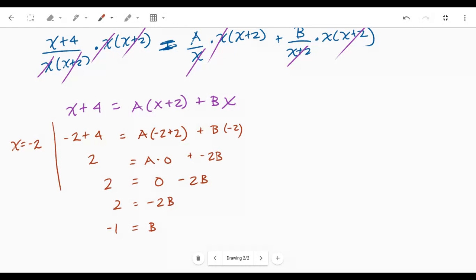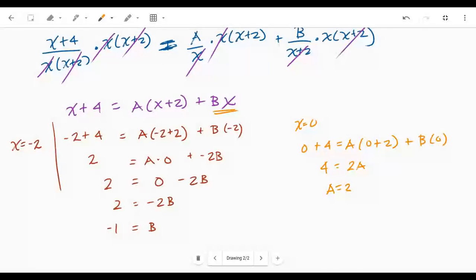Then what I can do is strategically pick x to equal 0, which will help me get rid of the Bx term. So then I'd have 0 + 4 = A(0 + 2) + B(0). So 4 is 2A plus 0. So A must be 2.